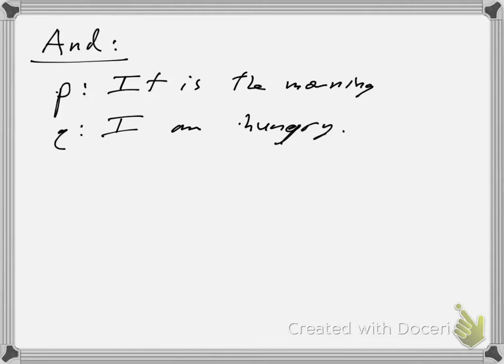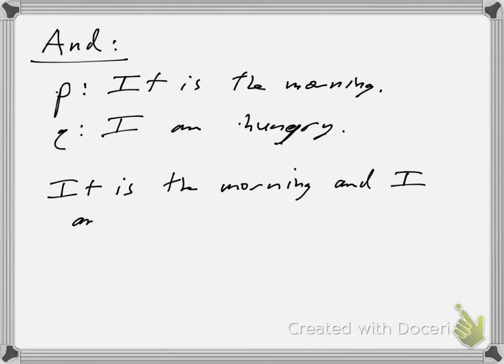They just make a statement of a potential fact, okay, or not fact. So how would I write, it is the morning, and I am hungry? Okay, so now that's a compound statement using and.